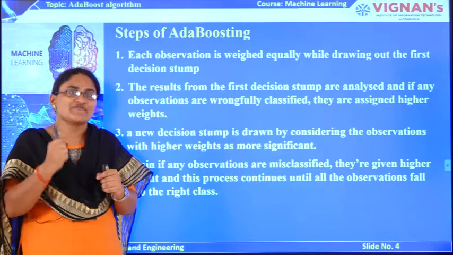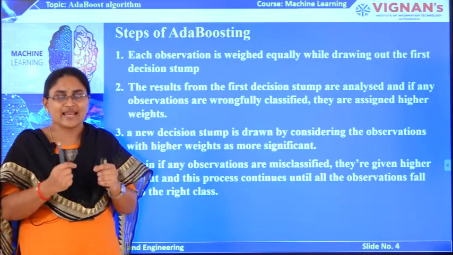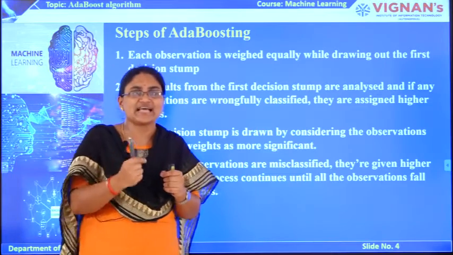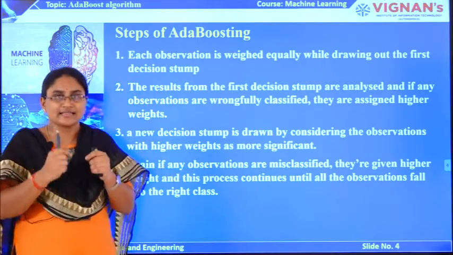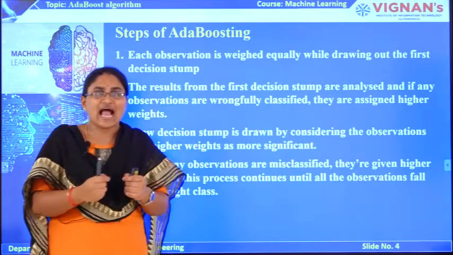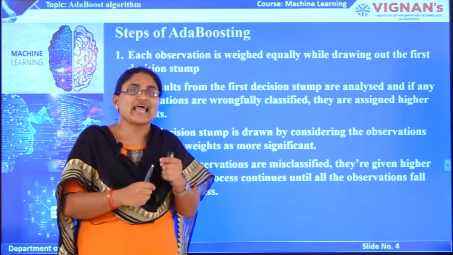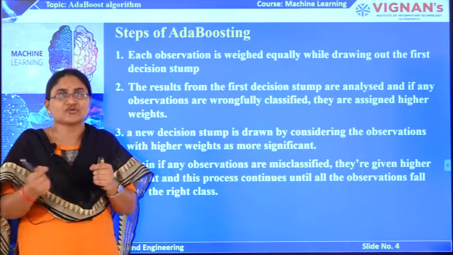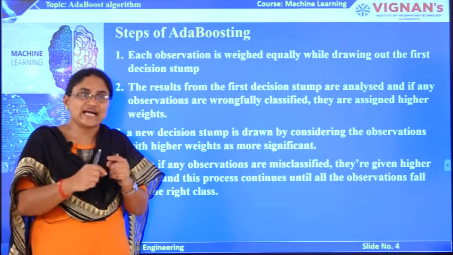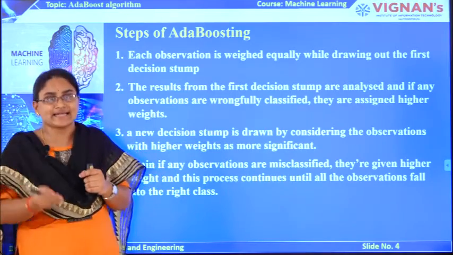After applying the first classifier, we analyze its results. If we find any misclassified observations in that first stump, we give the highest weights to those misclassified observations. After assigning the highest weights to the misclassified observations, we apply them to the next, second decision stump.